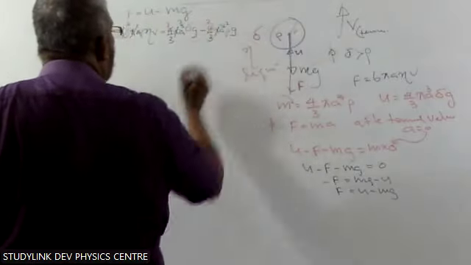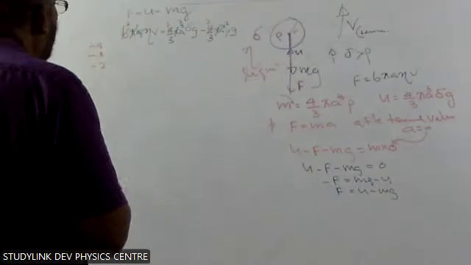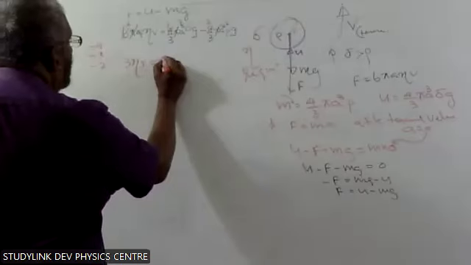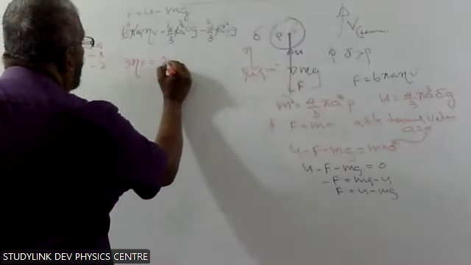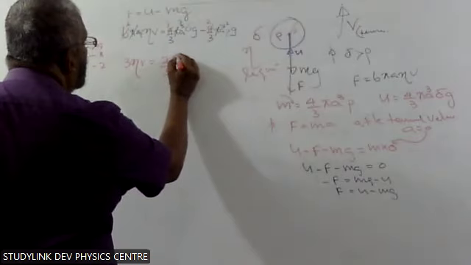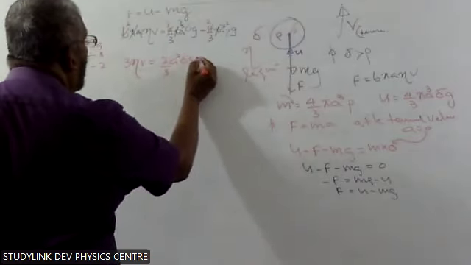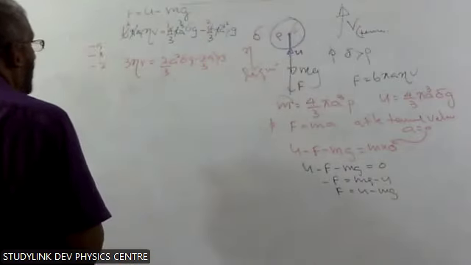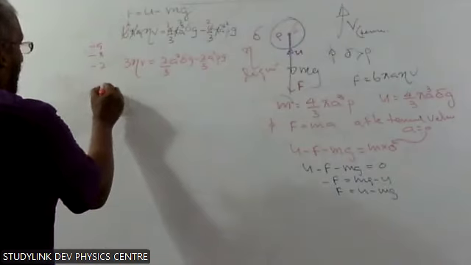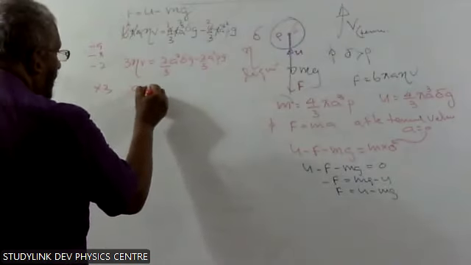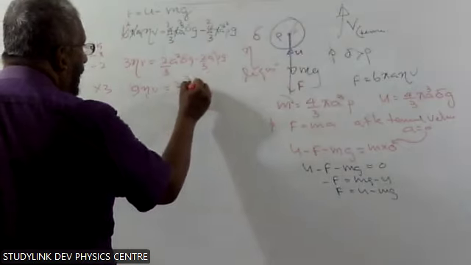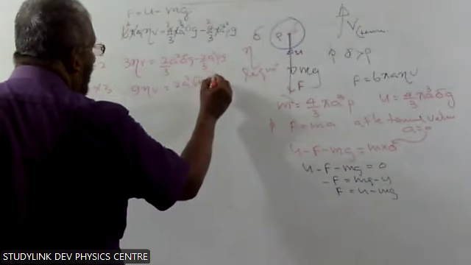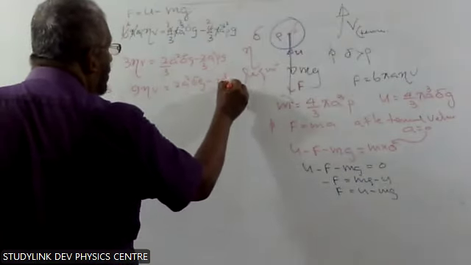Now you get 3 eta v is equal to 2 by 3 a squared sigma g minus 2 by 3 a squared rho g. Then multiplied by 3, 9 eta v is equal to 2a squared sigma g minus 2a squared rho g.